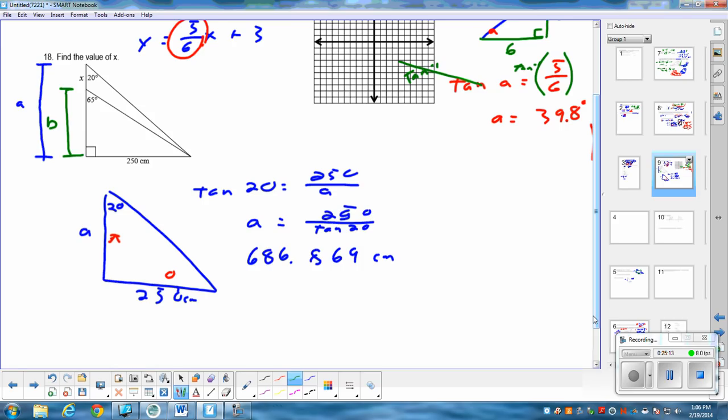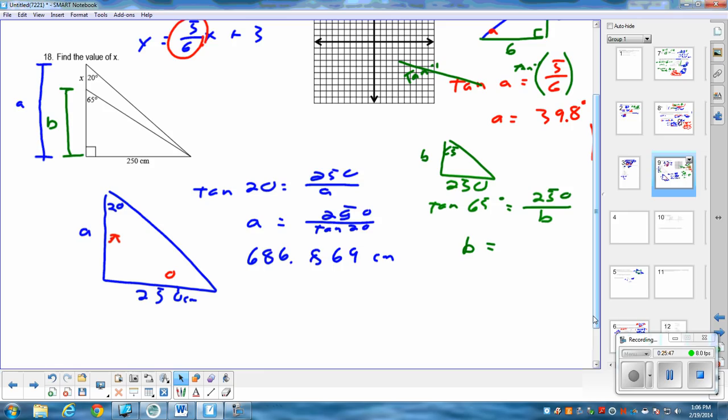To be extra creative, I'm going to call that one B. And in this triangle, we similarly have 250, 65-degree angle, and B there. We're still talking about the opposite and the adjacent, so we're still going to use tangent. Tangent of 65 degrees equals 250, the opposite, over B. Flip-flop those.